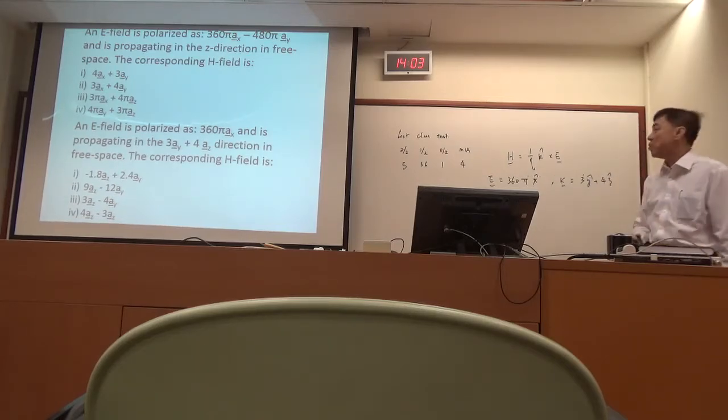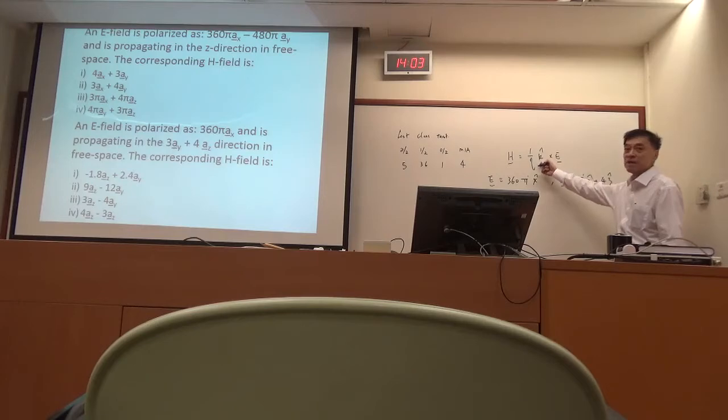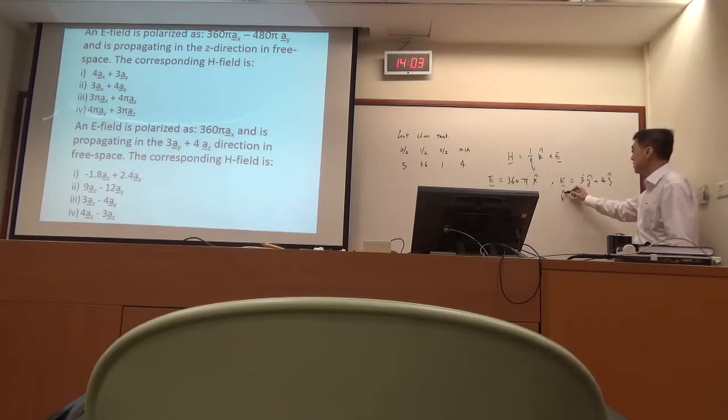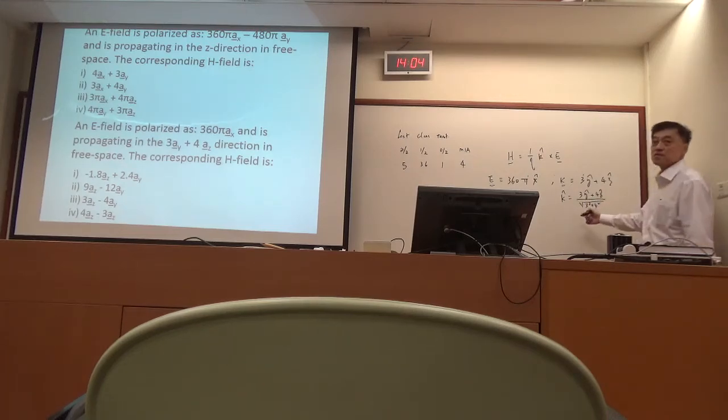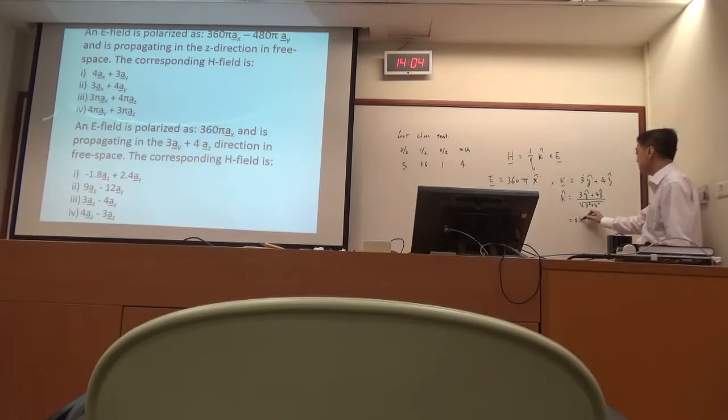Now remember, we need the unit vector of K and not K itself. So the unit vector of K is equal to 3y plus 4z divided by the square root of 3 squared plus 4 squared, which is equal to 5, of course, which is equal to 0.6y plus 0.8z.